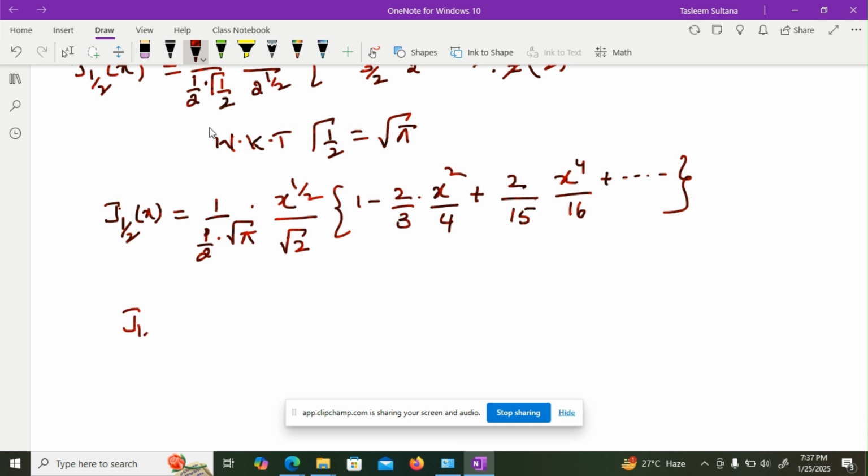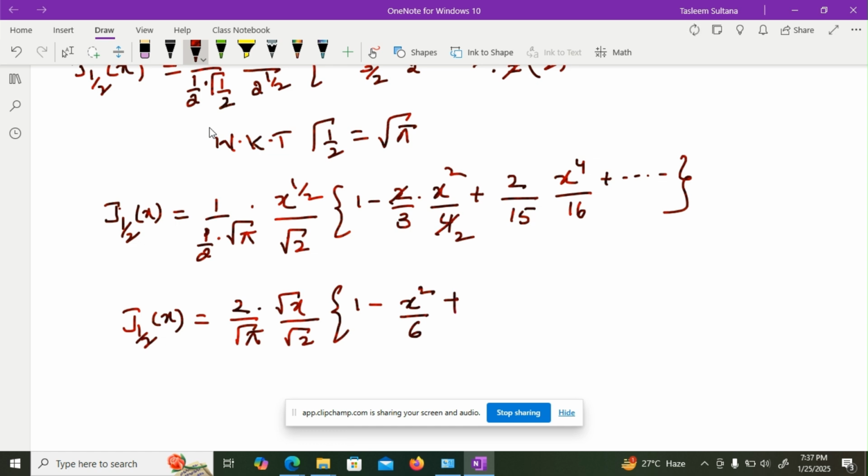Here J of half of x is equal to 2 by root pi into root x divided by root 2, times 1 minus, cancelling 2 times, x square by 6, then plus x power 4 divided by 120, then plus so on. 15 eights are 120.